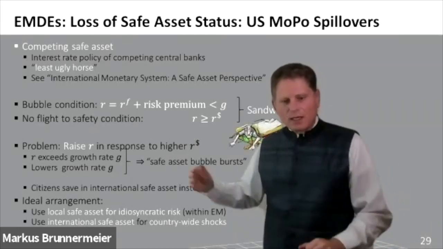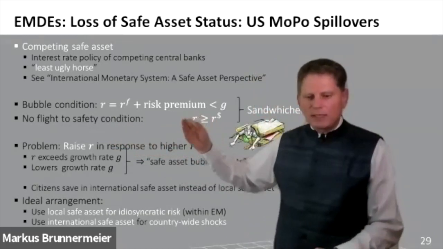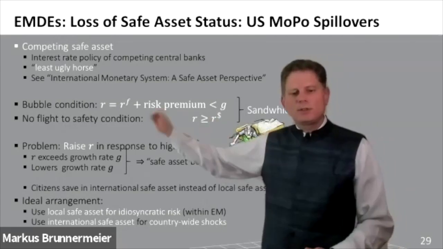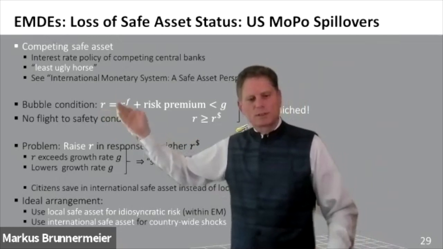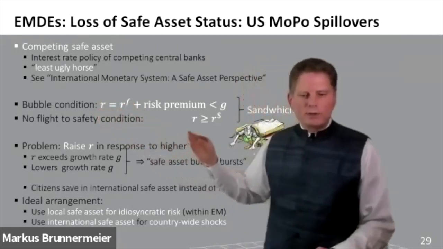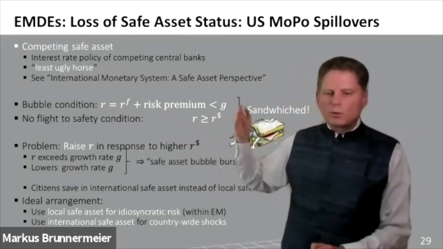But the second condition is that the risk-free rate has to be larger than the US Treasury rate, otherwise people might use the US Treasury as a safe asset. So the question is: do you use the national, local safe asset, or the US Treasury? Essentially, you're sandwiched between these two conditions.